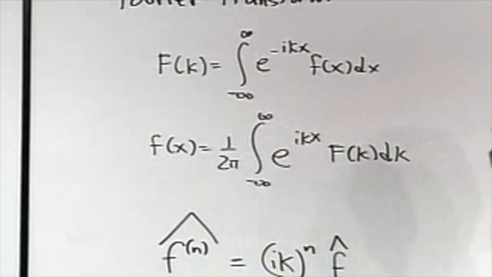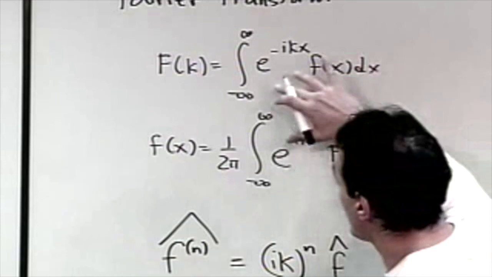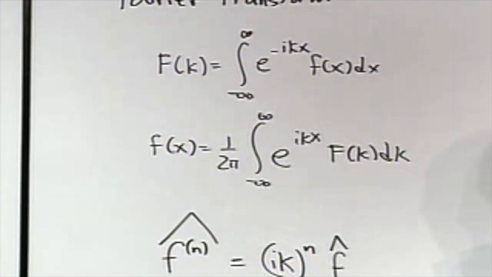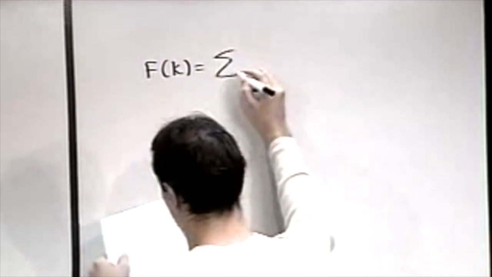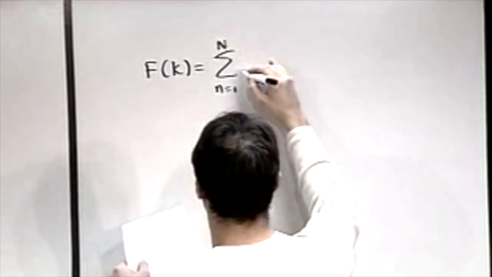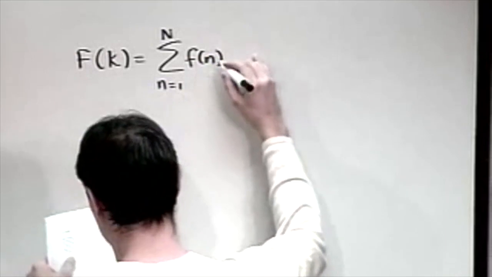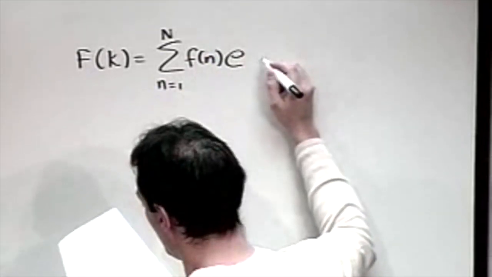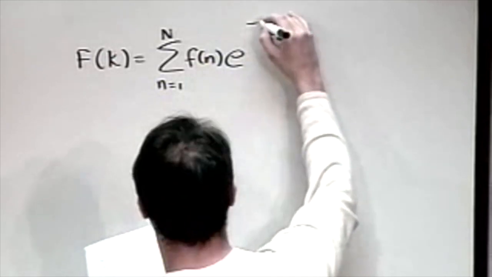And so when you go to a finite domain, the definition of the Fourier transform changes. You actually get the following definitions of the Fourier transform. And in fact, these are the definitions right out of MATLAB. If you look at the help, you go help FFT, this is what will pop up.